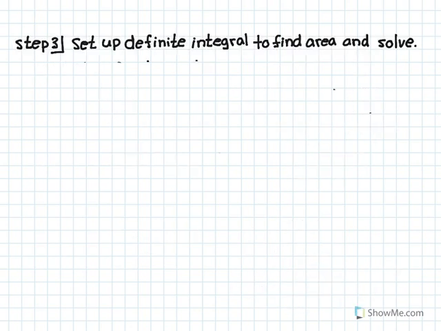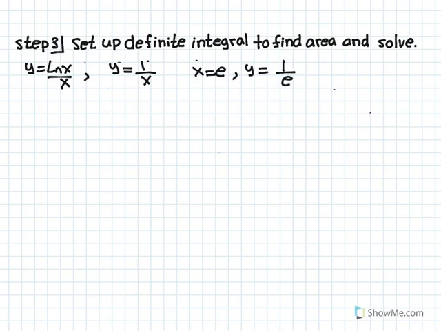All right, we're now set up to do the definite integral, so now it will be easy. Let's review what we have found so far. The intersection point of y equals log x divided by x and y equals 1 over x was found to be x equals e, y equals 1 over e, on the interval x from 1 to 4.